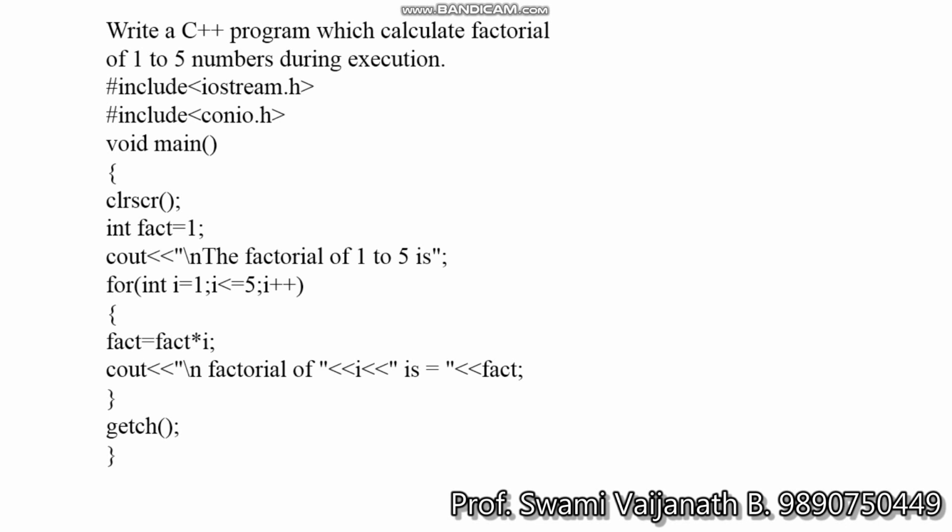So 5 numbers' factorials are calculated. Here the for loop is given and fact is equal to fact into I, so it shows factorial of 1, then incremented, shows factorial of 2, then incremented, shows factorial of 3, then incremented, shows factorial of 4, and then incremented, shows factorial of 5. Thus the program displays factorial of 1, 2, 3, 4, 5.